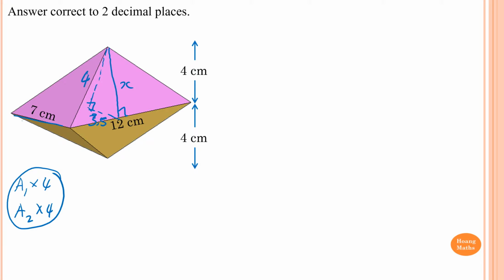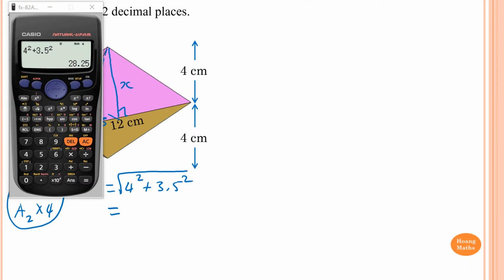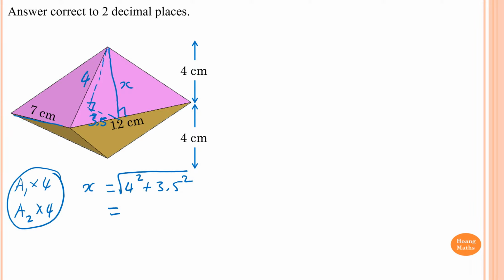So I just quickly do it here. x is equal to the square root of 4 squared plus 3.5 squared, which gives me 28.25. But I just leave it in surd form first. It's just easier, that's all.